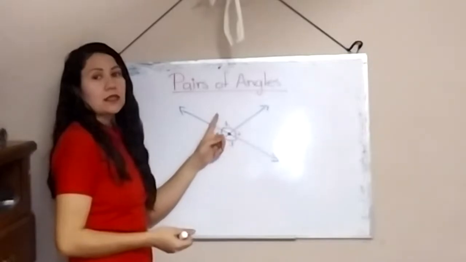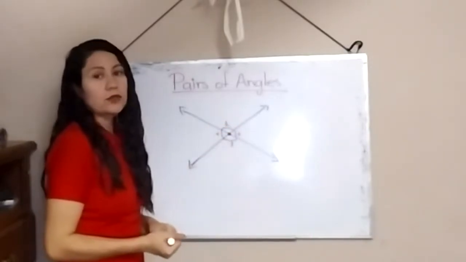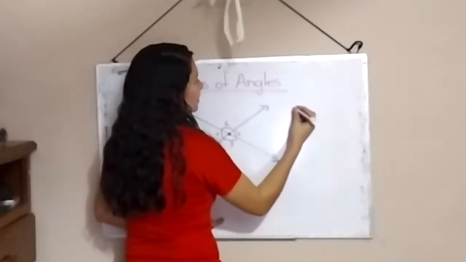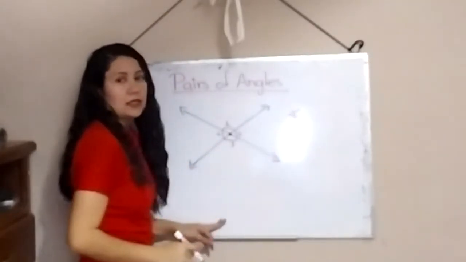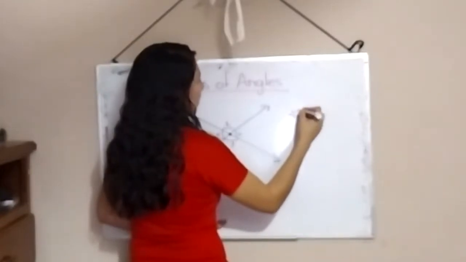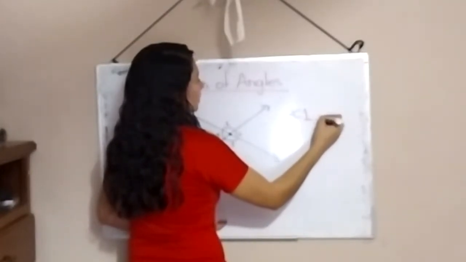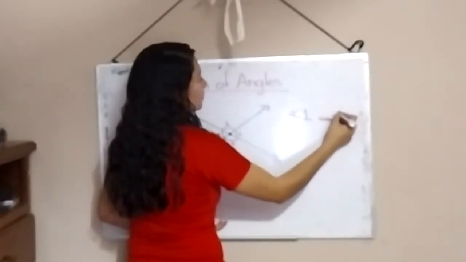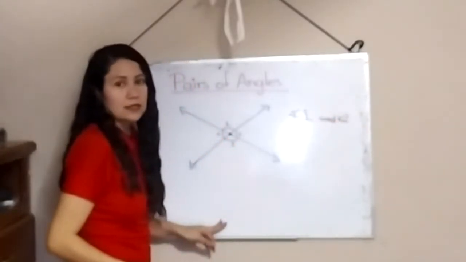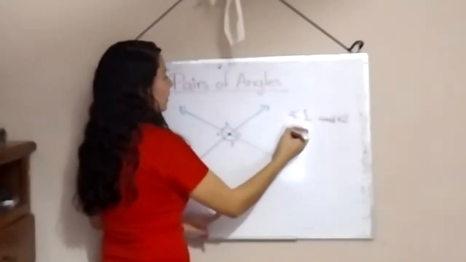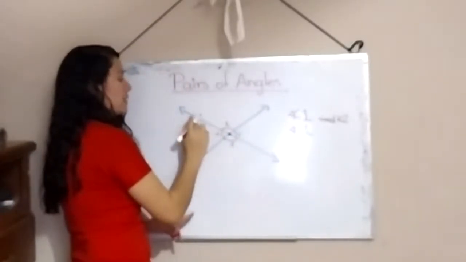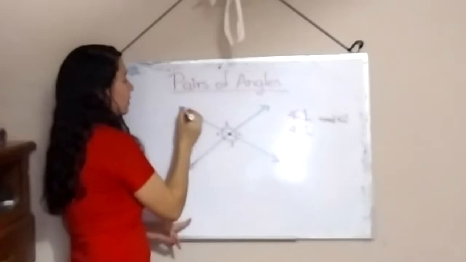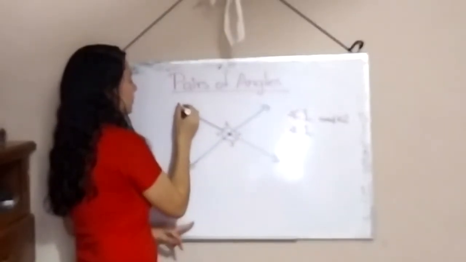Angle number 1 is adjacent with angle number 2. The symbol for angle is this one. Angle number 1 and angle number 2 are adjacent because they share one common ray.